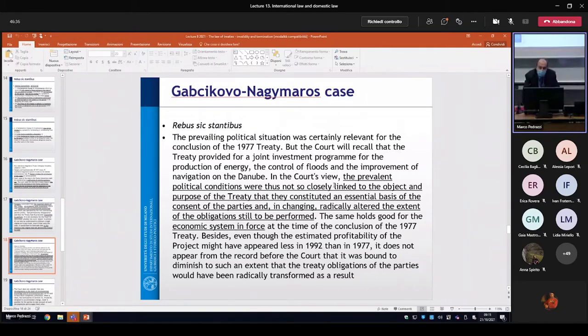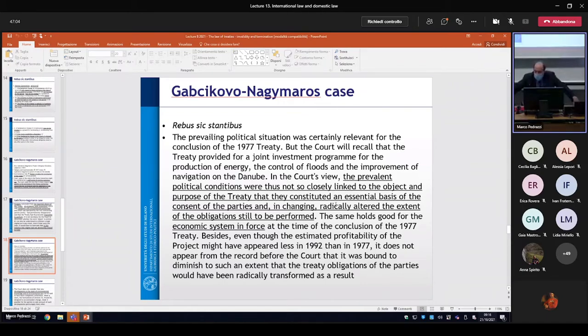But the court underlines that the prevalent political conditions were not so closely linked to the object and purpose of the treaty that they constituted an essential basis of the consent of the parties. We are not talking of a political treaty between the two countries, strictly connected to the fact of having a communist regime at the time.